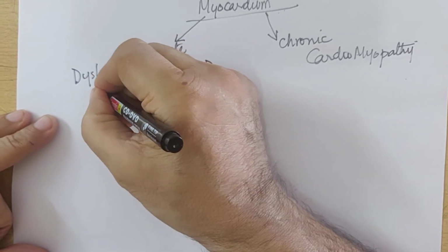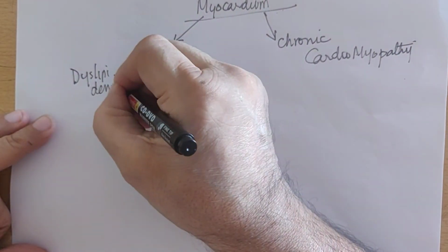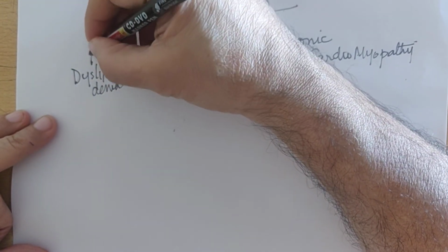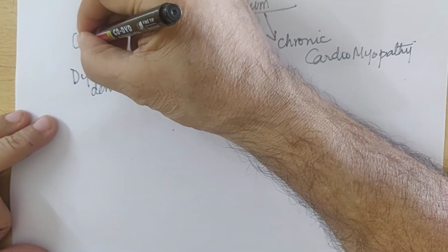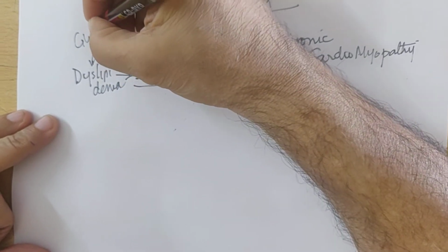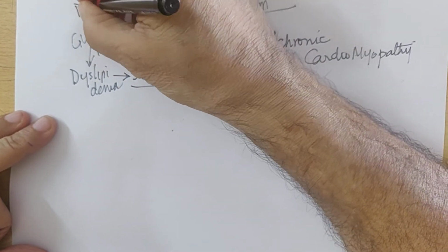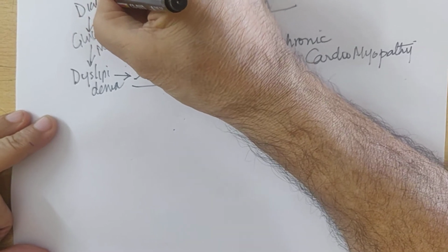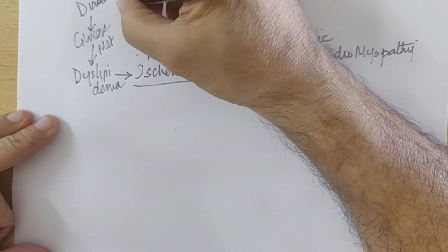And this ischemic heart disease is closely related to dyslipidemia, which is closely related to altered glucose metabolism, which is related to diabetes, which is related to obesity.